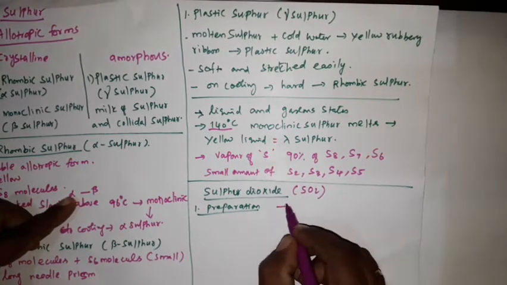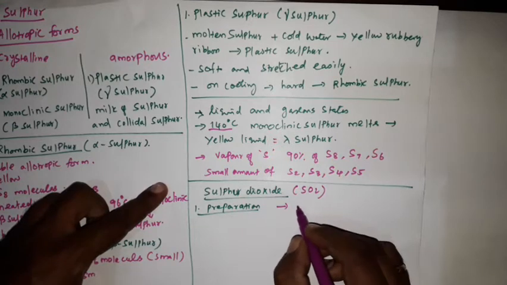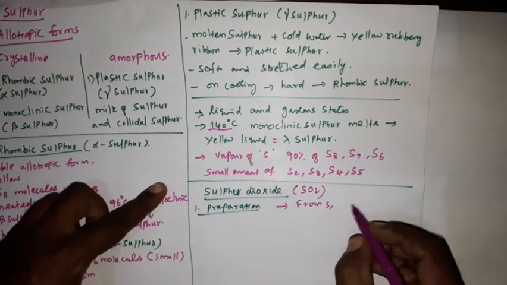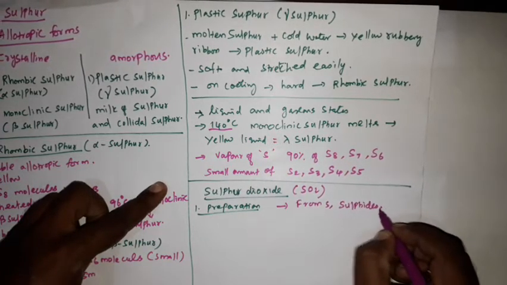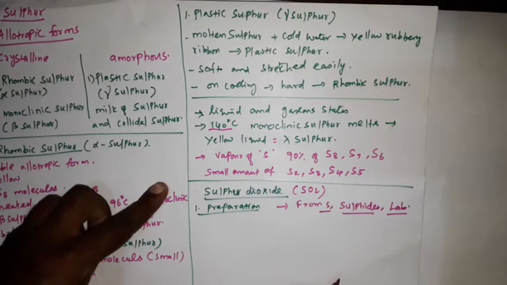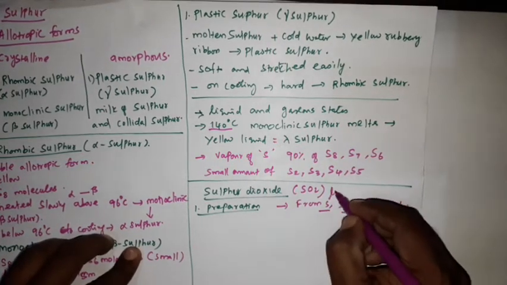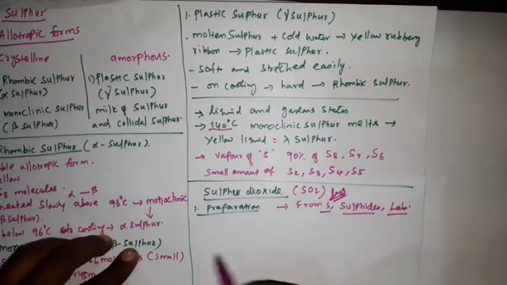There are three preparations. One is from sulfur, this is called large scale preparation. Then from sulfides, and then laboratory preparation.